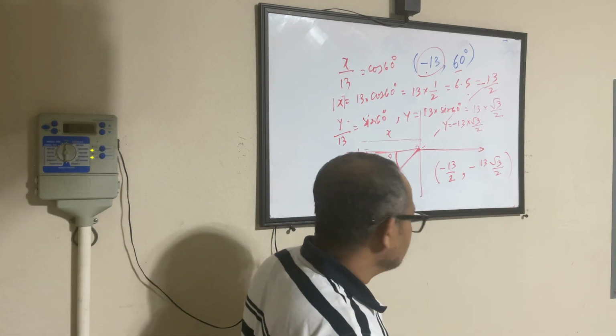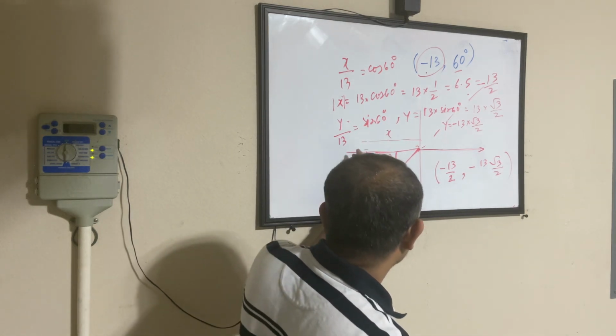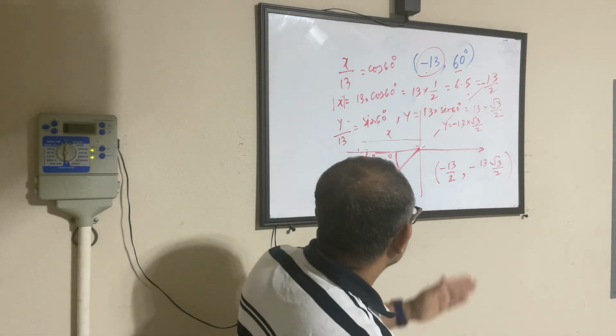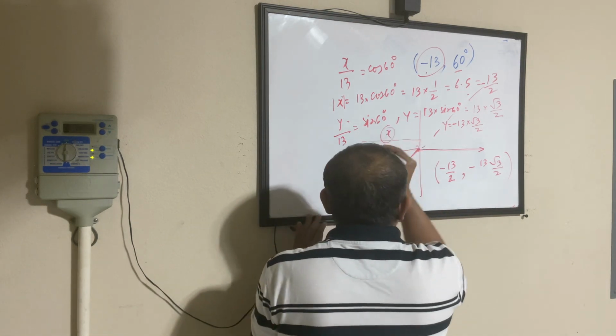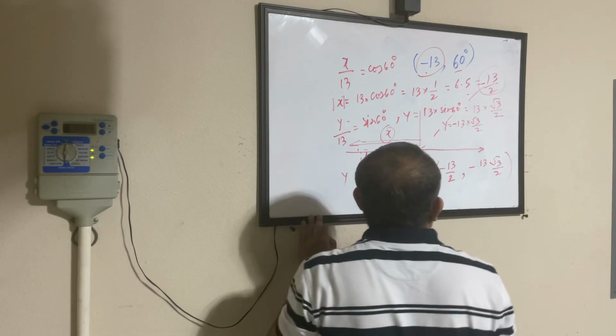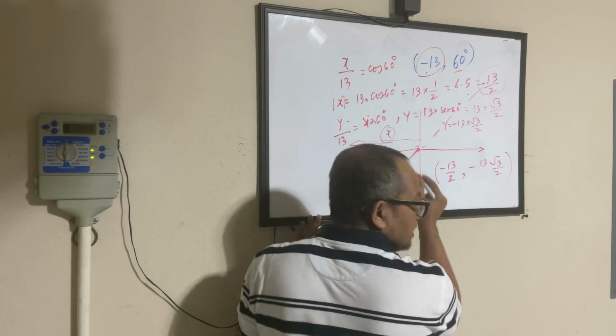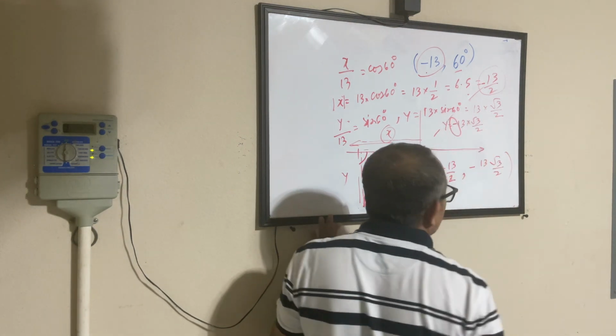So x, again SOHCAHTOA, y, again SOHCAHTOA, gave me these absolute values. Then I realized x is along the negative of the x-axis, so whatever value I got, I put a negative to it. Y is also along the negative side of y, so whatever value I got, I put a negative to it. That's it.